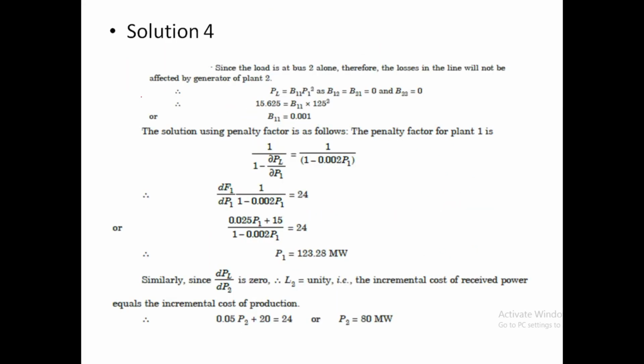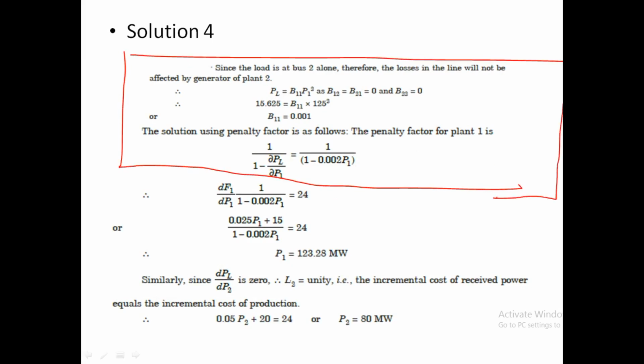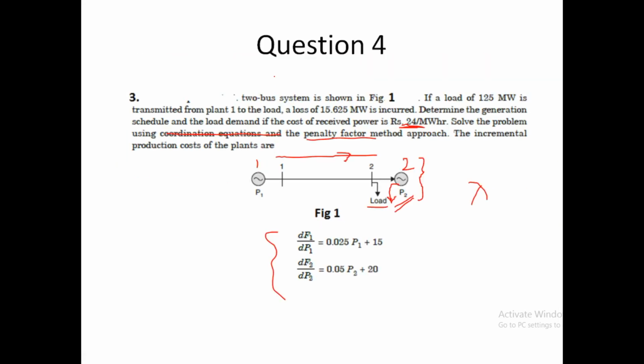Actually, it is explained here in this first part; only this is required here. You just look into this part. B11 P1 square, B12 equal to B21 equal to 0 and B22 equal to 0. Now B11 is given like this: if a power load of 125 megawatt is transmitted from plant 1 to the load, a loss of 15.625 megawatt occurs.